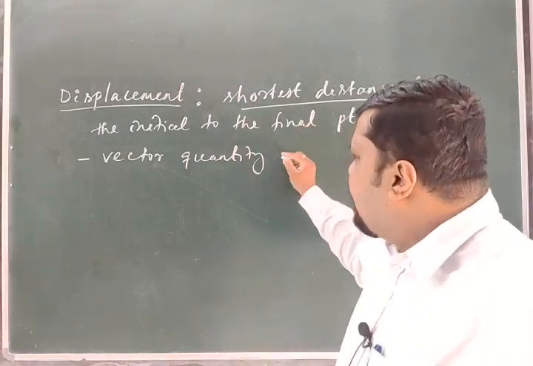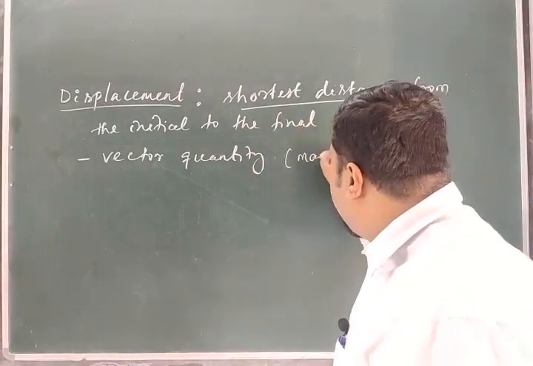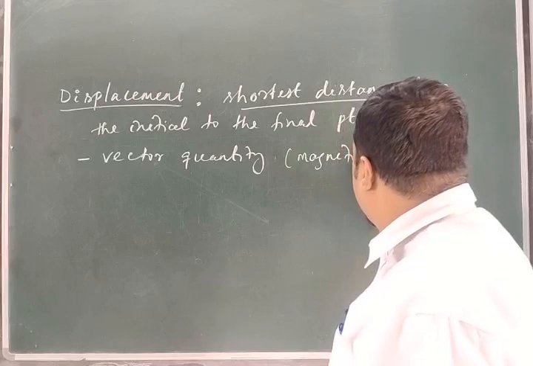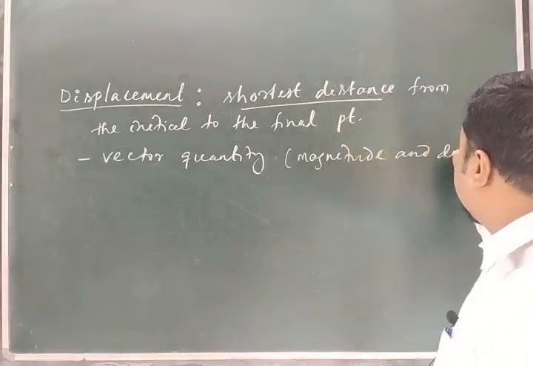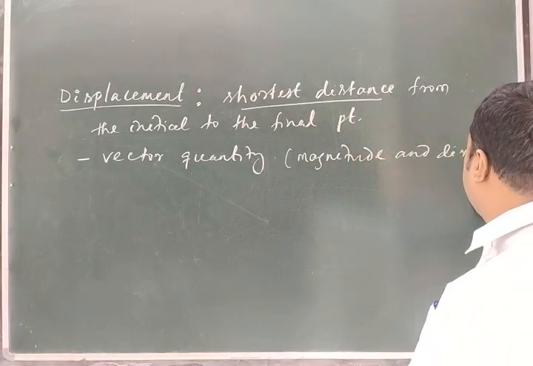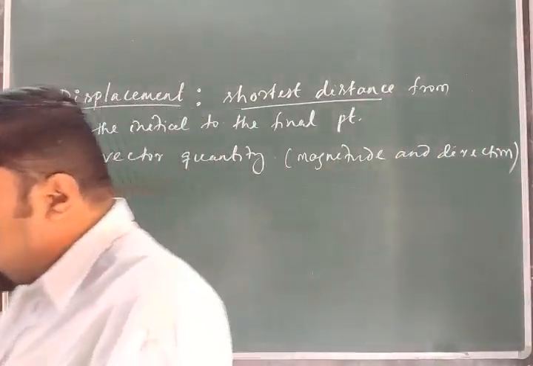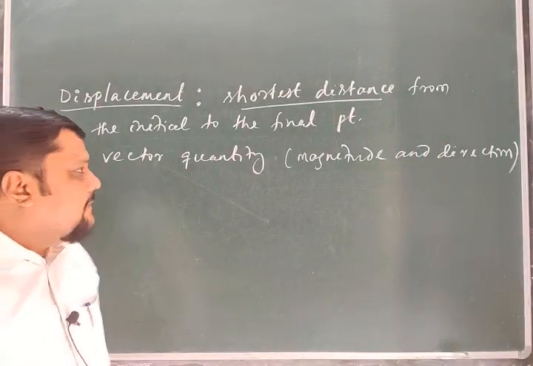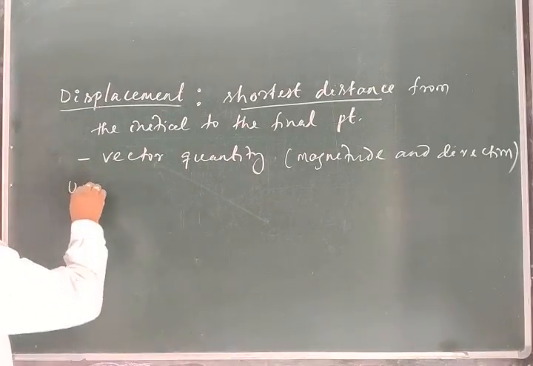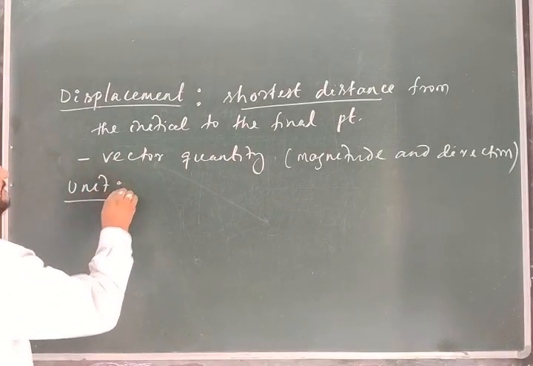So it is a vector quantity having magnitude and direction, and it obeys the laws of vector addition. Is that clear? Then what is the unit of this?